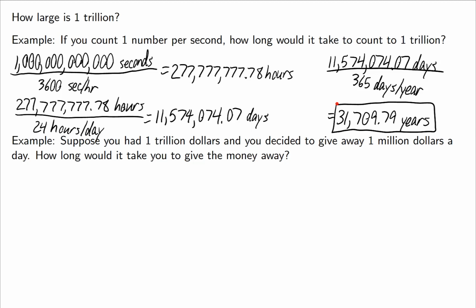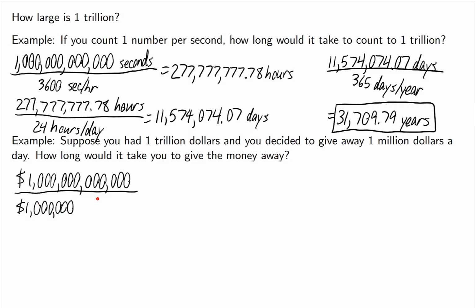For our final example in this area, suppose you had $1 trillion and you decide to give away $1 million each day. And we want to figure out how long it would take you to give the money away. Again, $1 trillion has 12 zeros on it. And we're going to be giving away $1 million, which has 6 zeros, per day. And I think you guys can do the math.